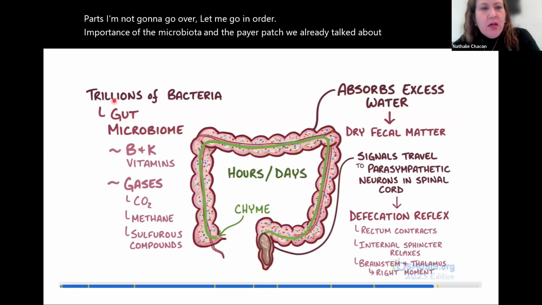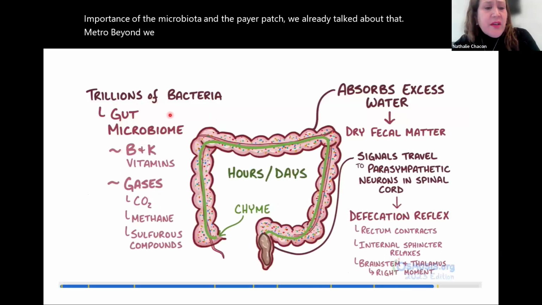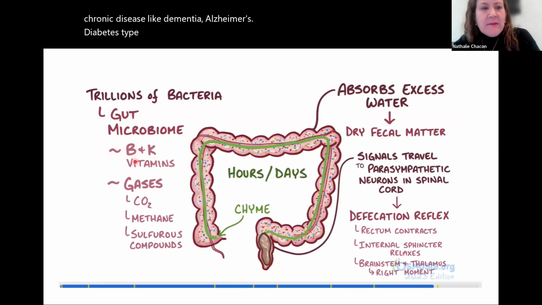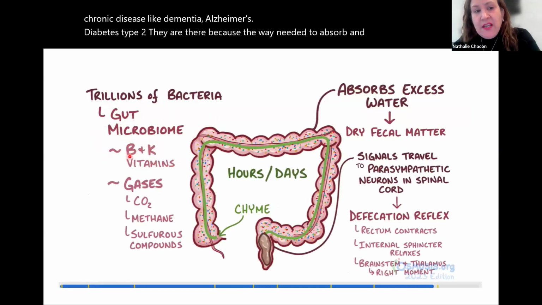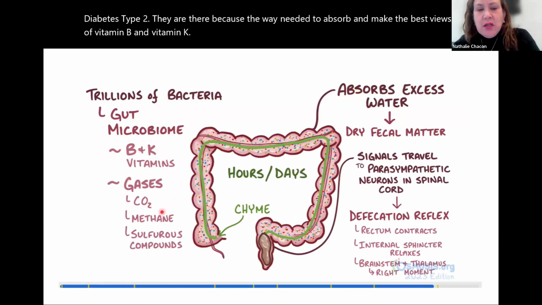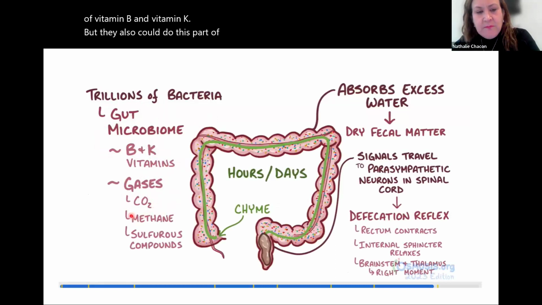Microbiome. We have a lot of bacteria there. They are important not only to prevent some chronic diseases like dementia, Alzheimer's, and type 2 diabetes. They are there because we need them to absorb and make best use of vitamin B and vitamin K, but they also produce part of the excretion: CO2, methane, and other compounds.